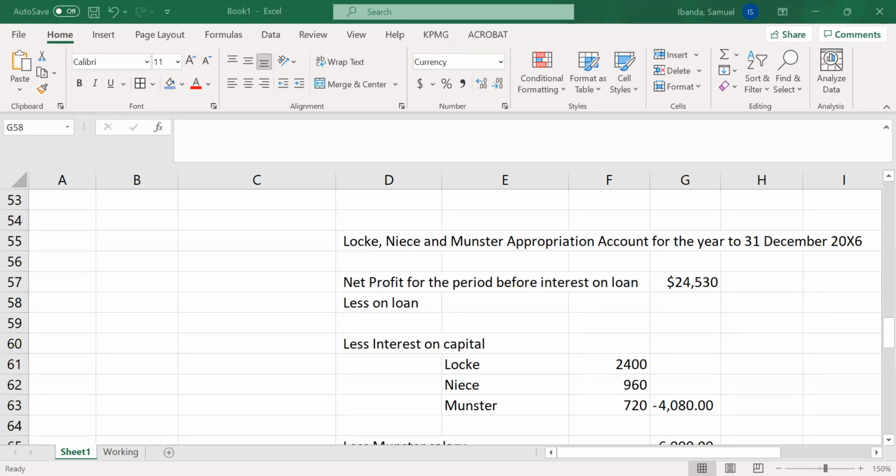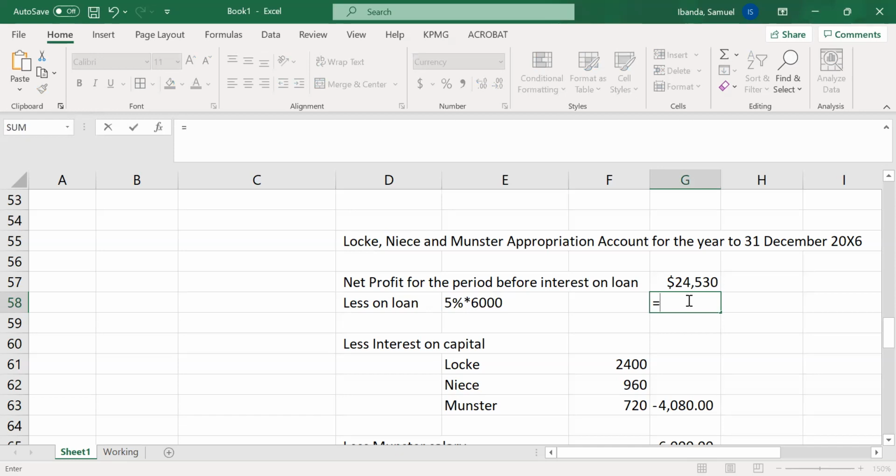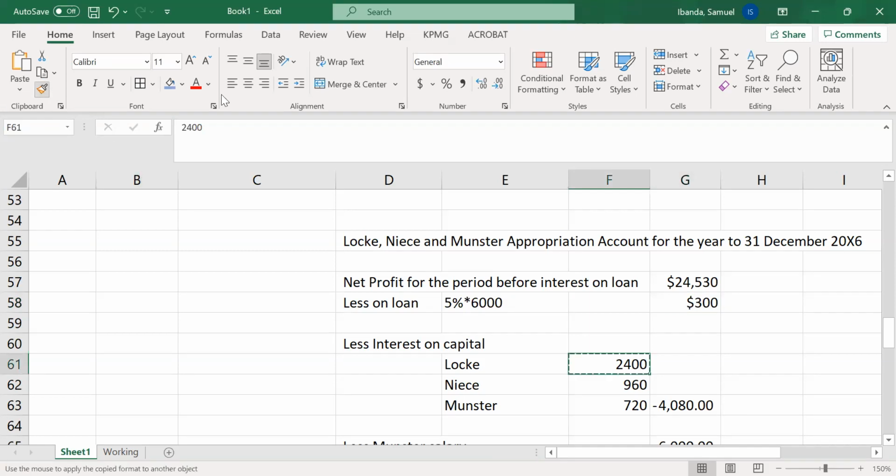So we shall do this: 5% times 6,000. We are getting 300.